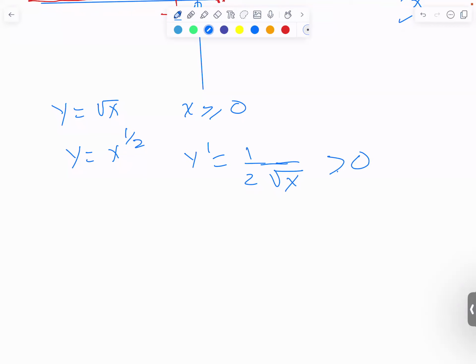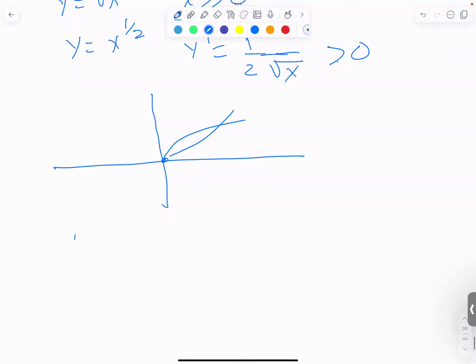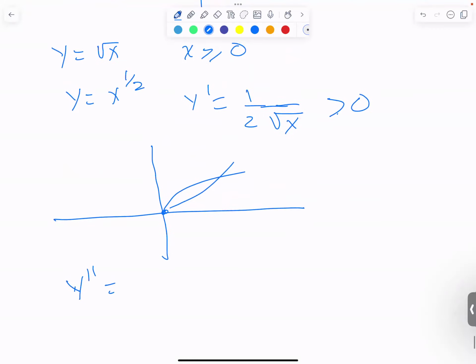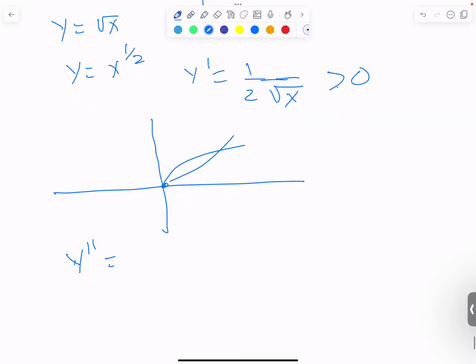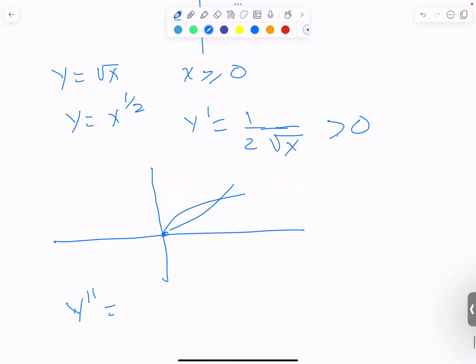And it's an easy graph because the function is increasing all the time. Let's see if it's concave up or concave down, because it could be increasing like this or increasing like this. Let's do the second derivative. The first derivative, rewritten, is 1/2 x to the negative 1/2.